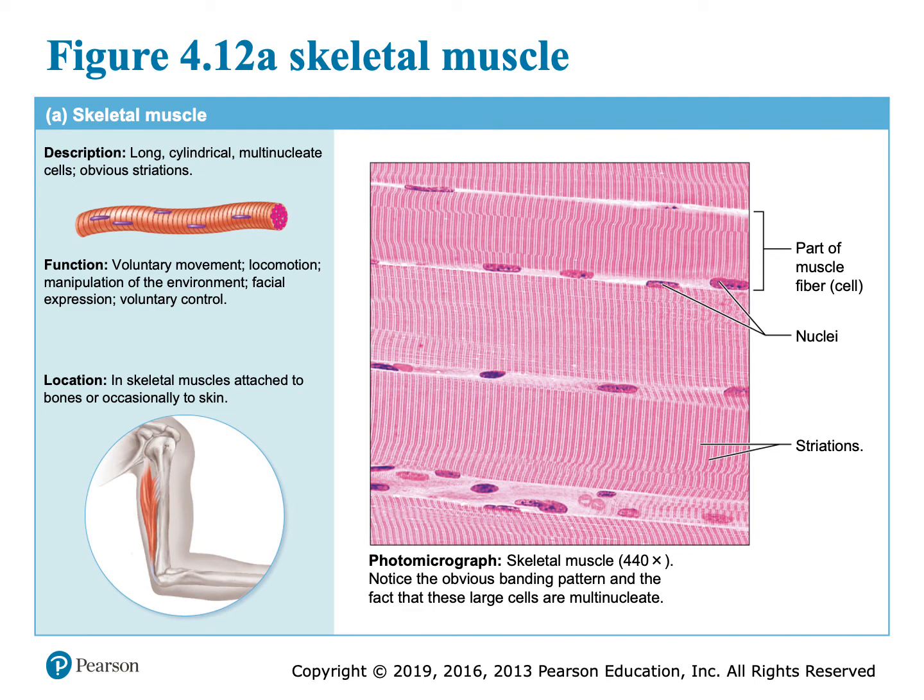So each of these is a nucleus for one muscle cell. We're going to call muscle cells muscle fibers because they look like fibers, and just because, you know, we can't confuse an anatomy and physiology student enough, can we? We have to change things up.